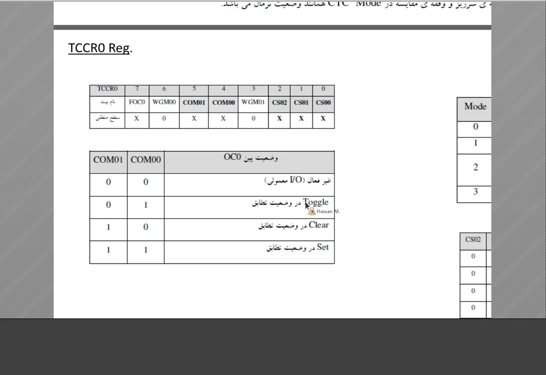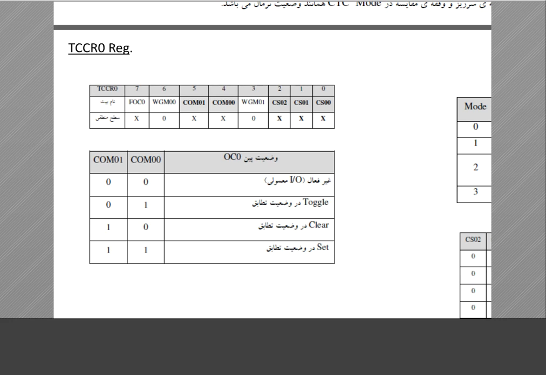1 means toggling the OC pin on compare match. Persian is similar to Arabic.